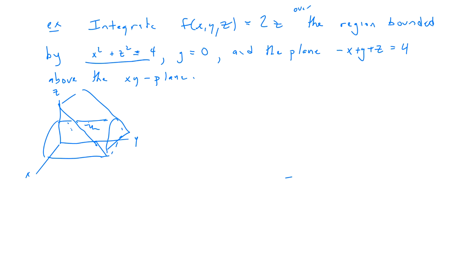So this, you can see, unlike the last one, the projection into the XY plane is, to me, not obvious. If it was just from the XZ plane to, say, y equals 5, it would just be a rectangle.